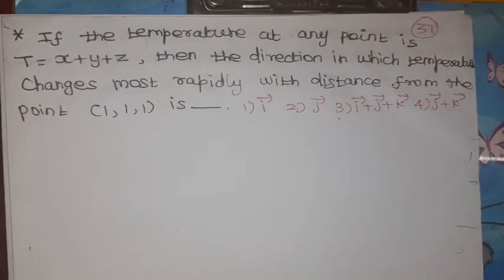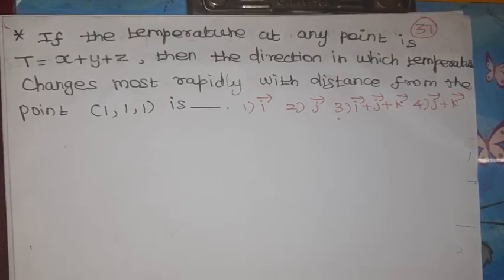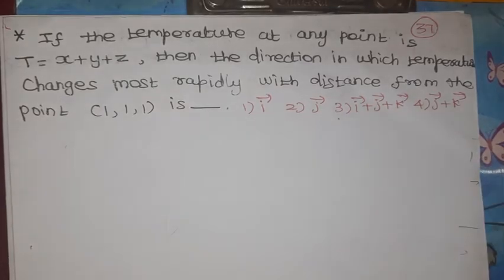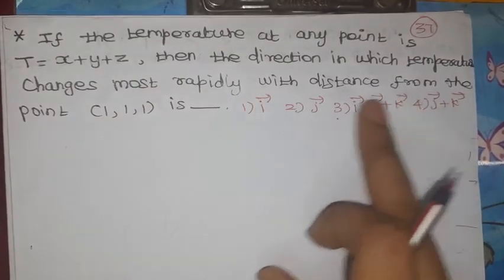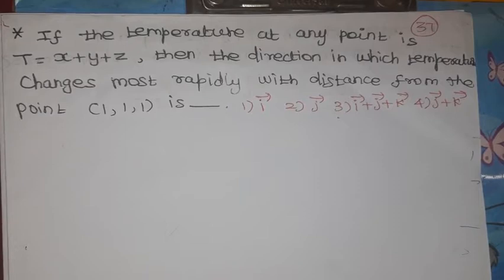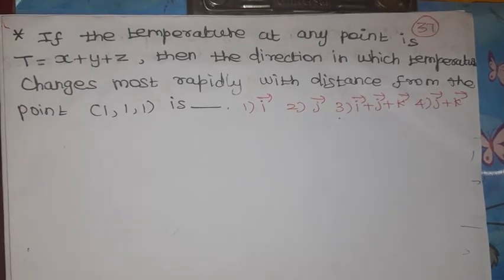What is that? The temperature at any point is T equal to x plus y plus z. Then the direction in which temperature changes most rapidly with distance from the point is. So what is given? Temperature is given. We need to find the direction in which temperature changes most rapidly from the point. The point is also given. So we'll see how to solve this problem. This is very simple.